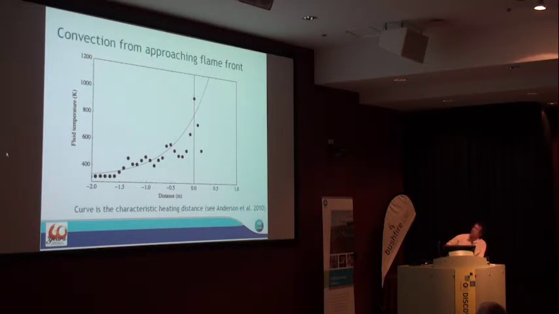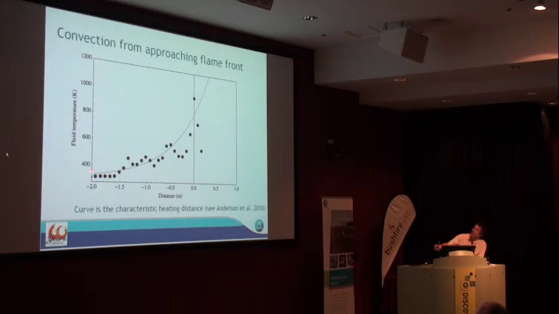So the key for this modeling approach is to characterize this increase in temperature. And Wendy, a few years ago, looked at this concept of a characteristic heating distance, which is a parameter giving us the shape of this curve. Depending on certain conditions, you might have a flatter curve, with a rapid increase closer to the fuel particle. That will be the example of that burn in the Vesta you saw.